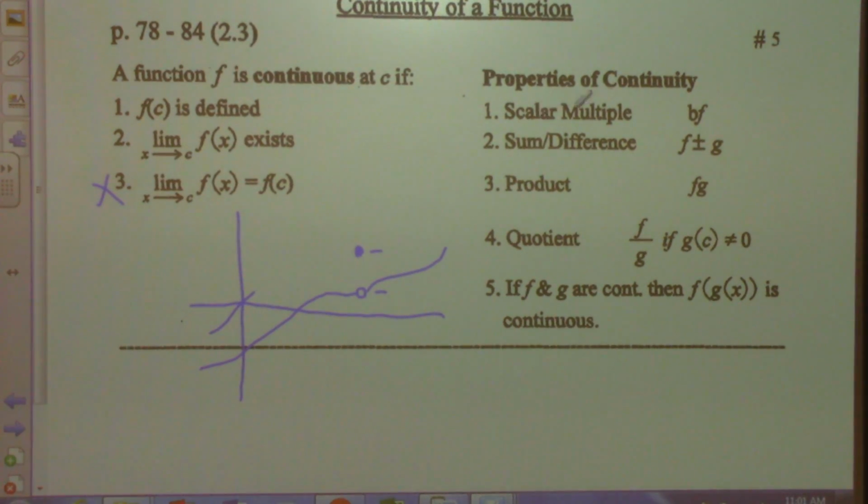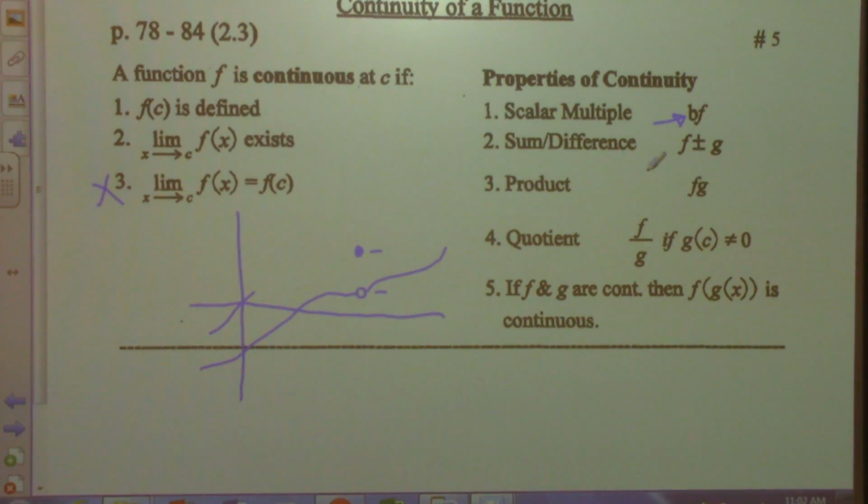Now, properties of continuity are sum and difference, product. If 2 functions are continuous, for example, if a function f is continuous, if you multiply that continuous function by a scalar, the resulting function is still going to be continuous.